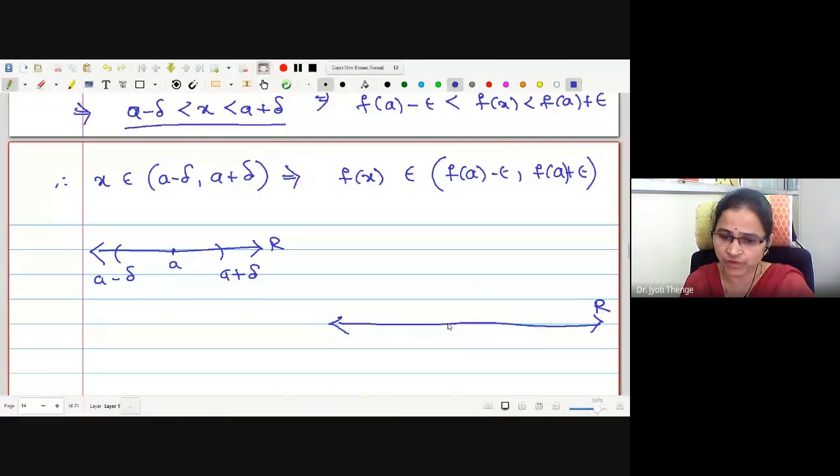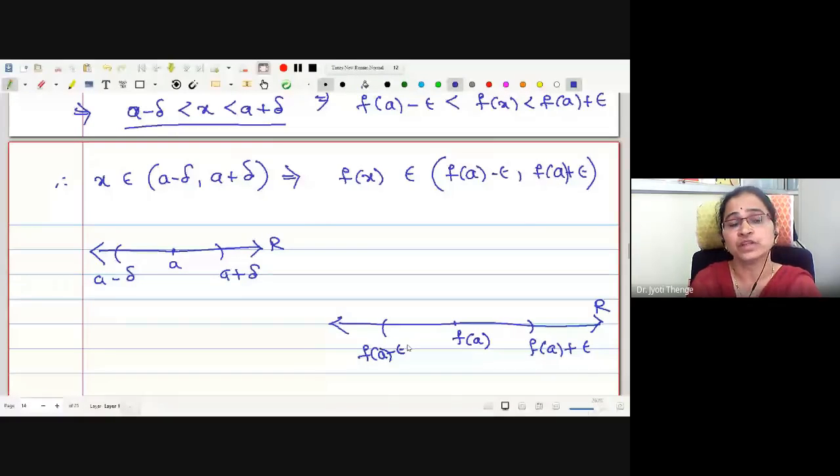Suppose somewhere here is our value f of a. This interval is the epsilon neighborhood around f of a. Therefore, we have to mark two points on the left and right of f of a with epsilon as a distance. This will be f of a plus epsilon, and this will be f of a minus epsilon.